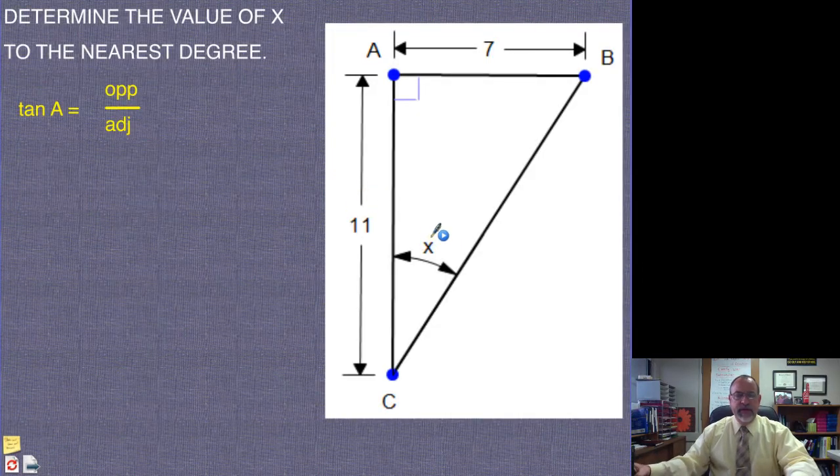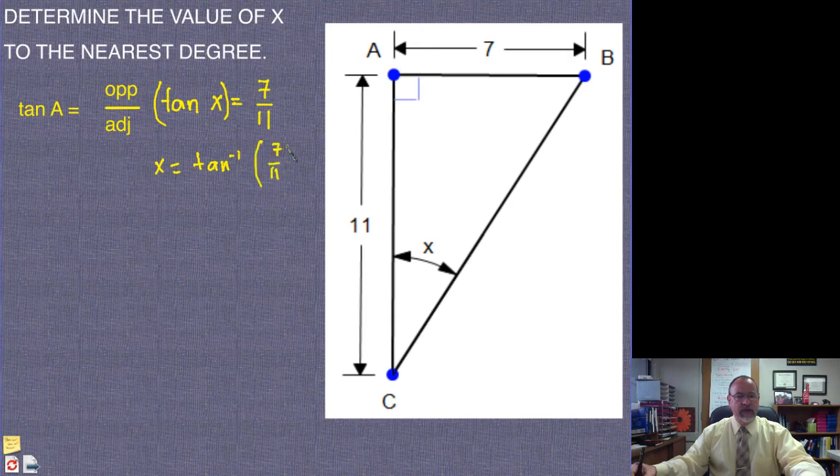In this example, again, the x is the angle measurement, which is unknown, but I do know the opposite and adjacent, so I'm going to use the tangent ratio. So the tangent of the angle, which here is x, is equal to 7/11. And again, this cannot be split up except by using the inverse tangent function. So x is going to be equal to the inverse tangent of 7/11. So this would be my exact answer.